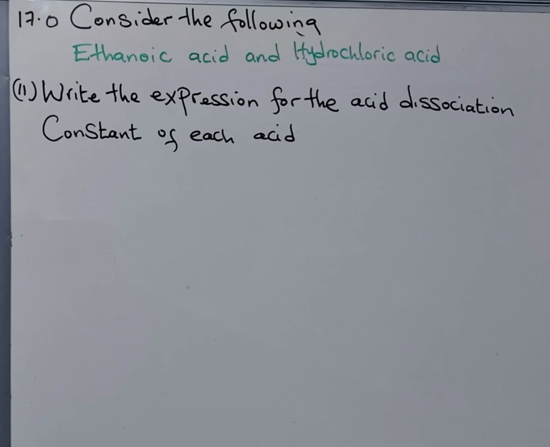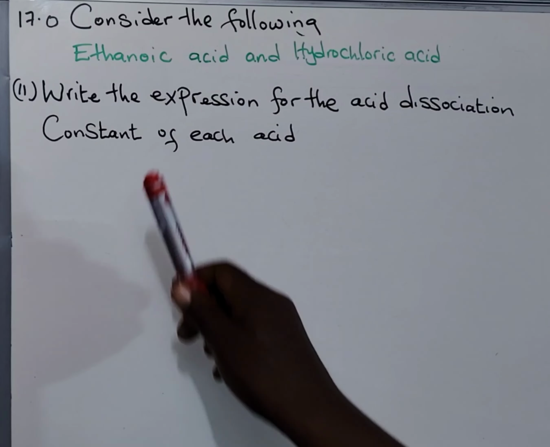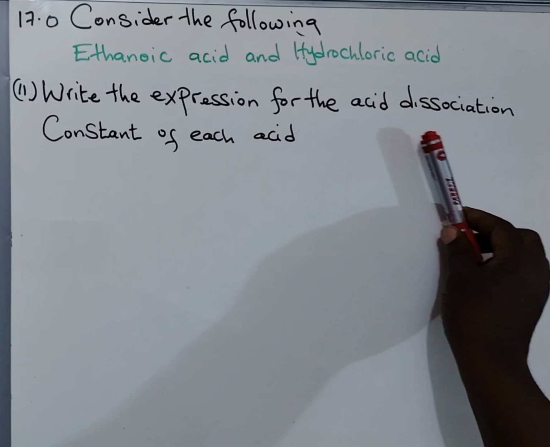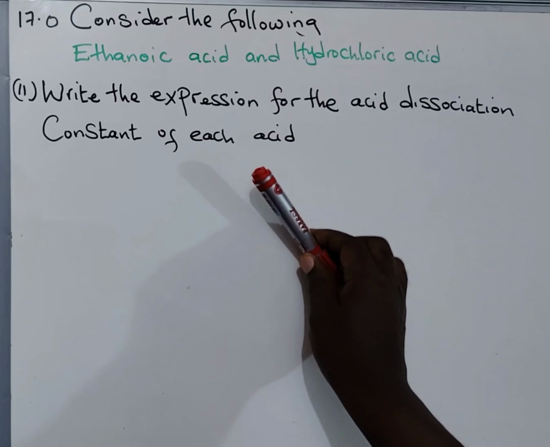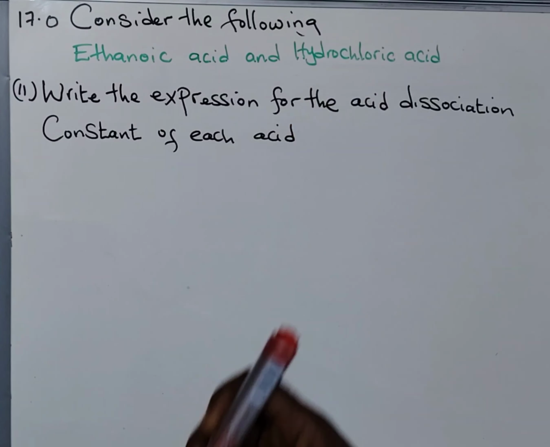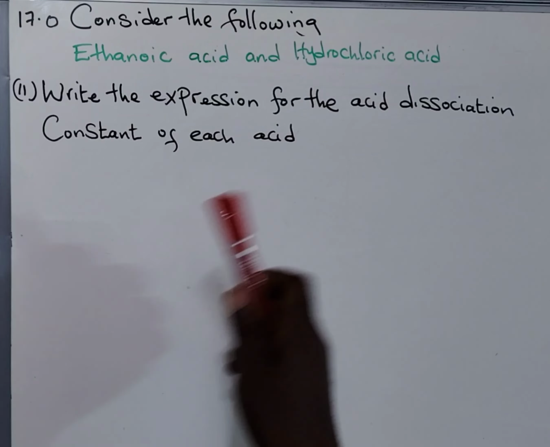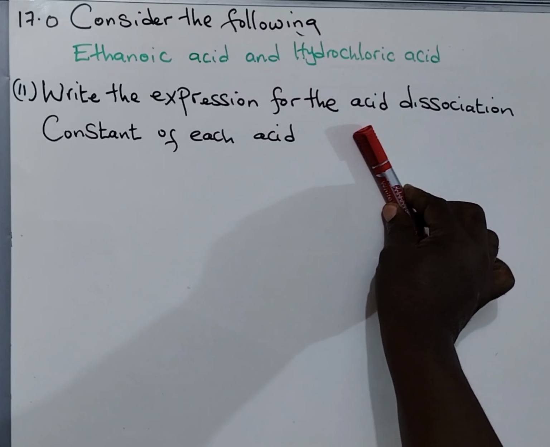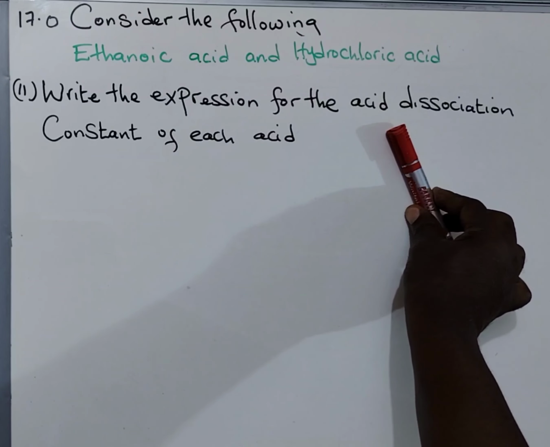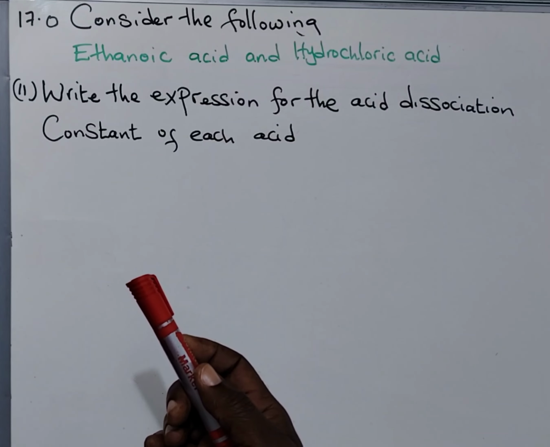Then comes this question. It says, write the expression for the acid dissociation constant of each acid above. How do you go about that? You have to know that we derive this expression from the equilibrium.